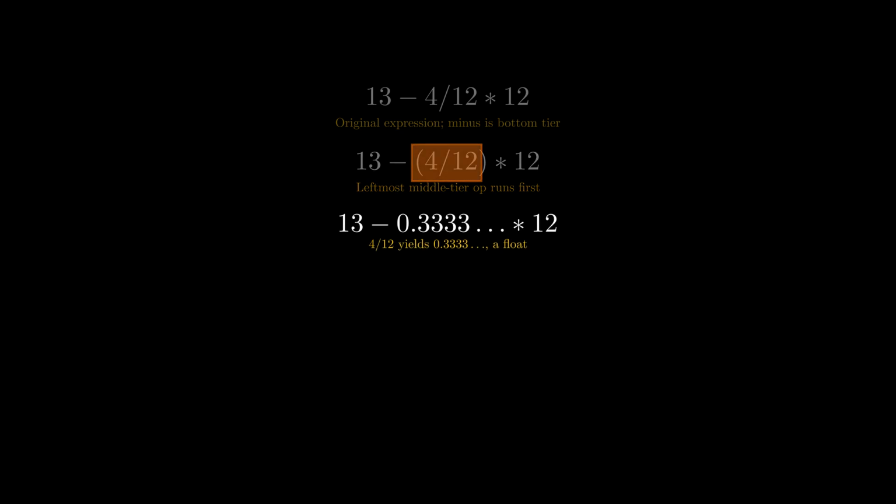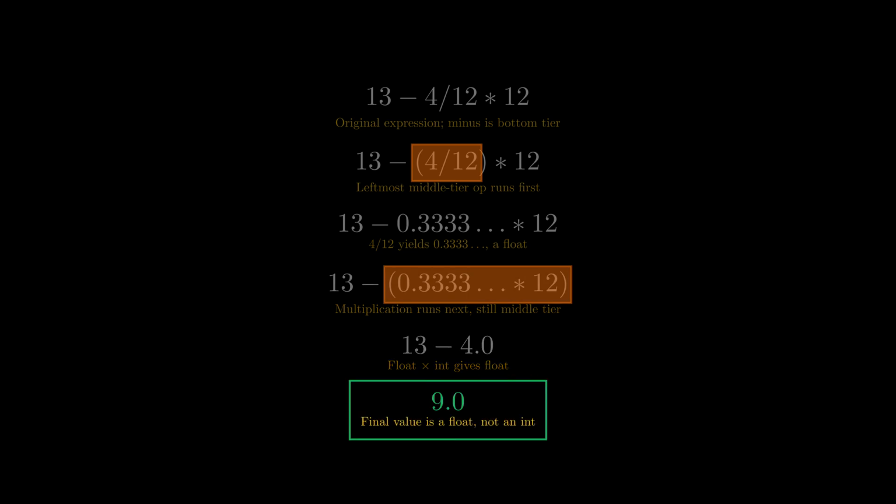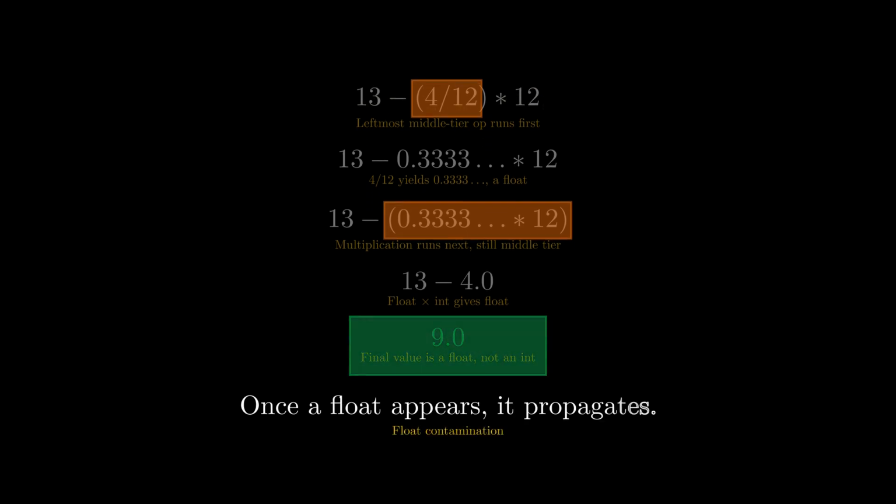Now the expression reads 13 minus 0.3333 times 12. The multiplication runs next. 0.3333 times 12 equals 4.0, still a float. Finally, 13 minus 4.0 equals 9.0. The result is 9.0. Once a float appears, every downstream value becomes a float.